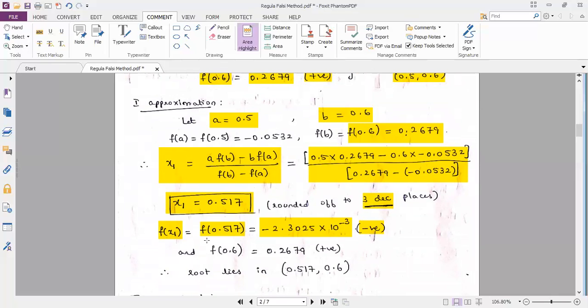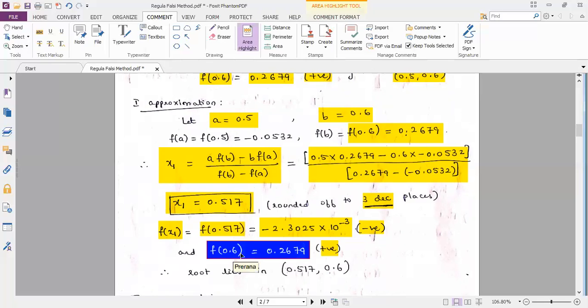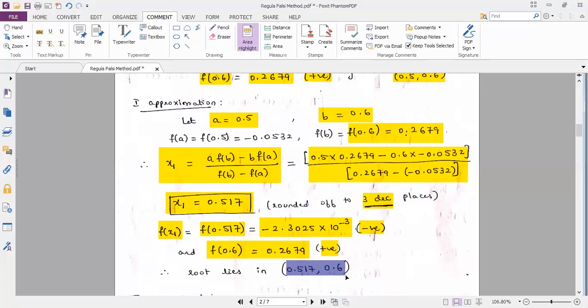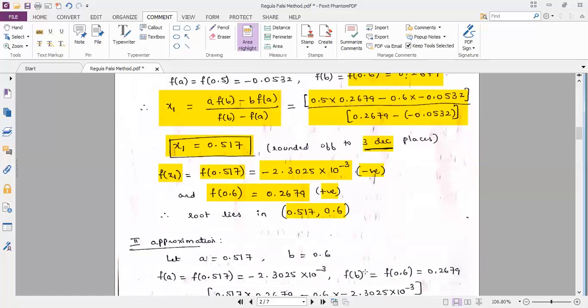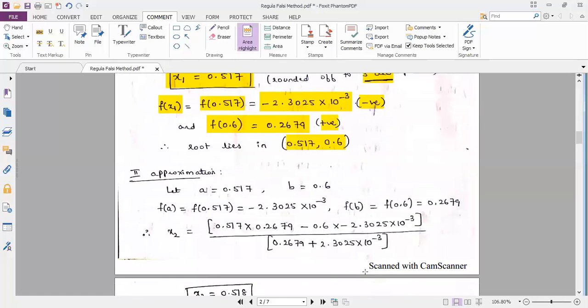So we consider f of 0.6 value, which is a positive value. So f of x1 and f of 0.6 obtain a negative and a positive combination, so that we can conclude the root lies between 0.517, 0.6. Now, assuming these values as a and b, we will be performing second approximation.